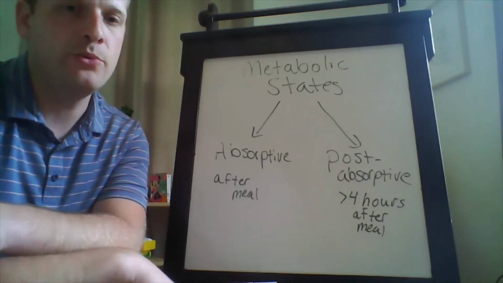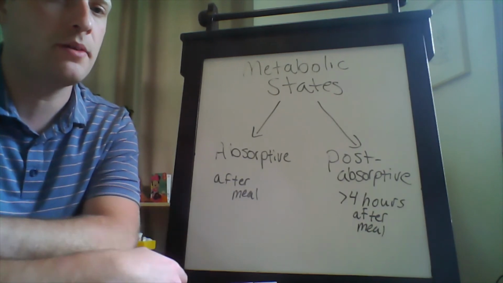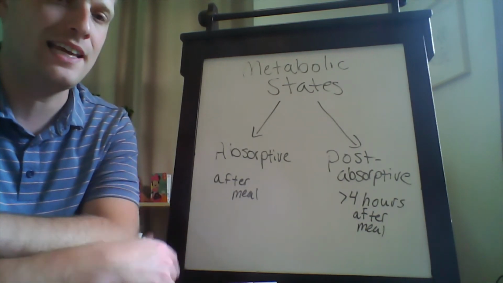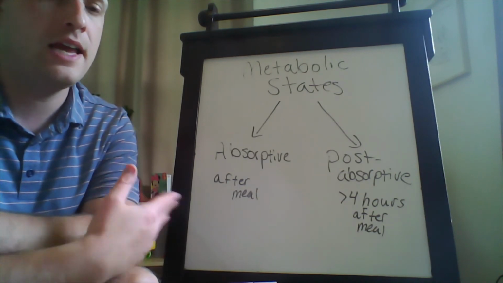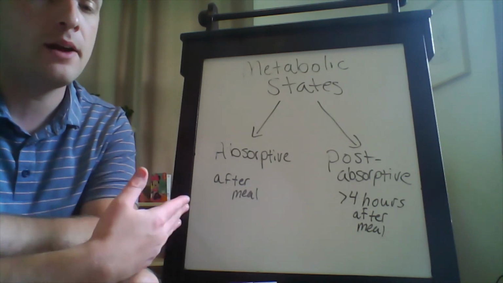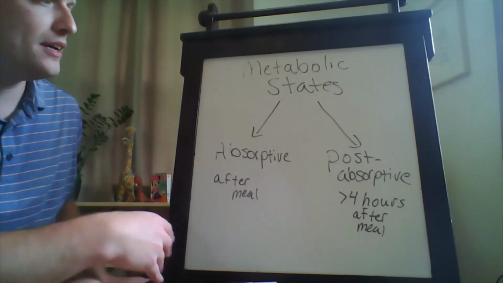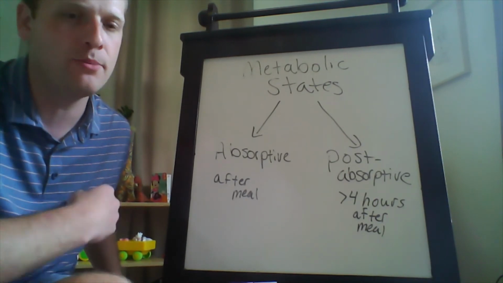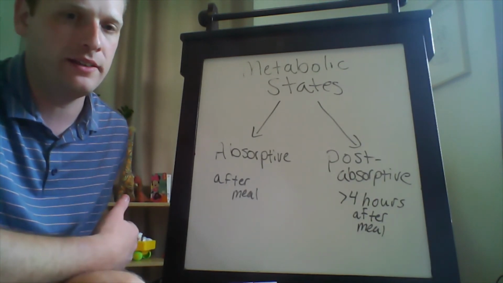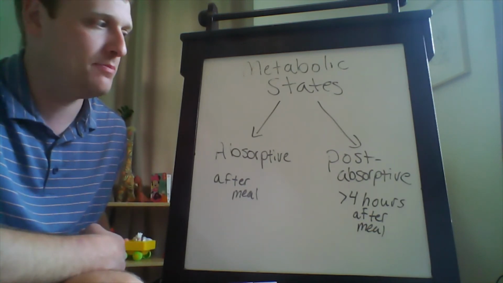Now that you're familiar with the different sets of reactions of metabolism, I want to talk about the different states where your body can shift between anabolic and catabolic reactions and why that is. It relates to how long it's been since your last meal. What your body is doing, metabolically speaking, relates directly to when you last had a meal.